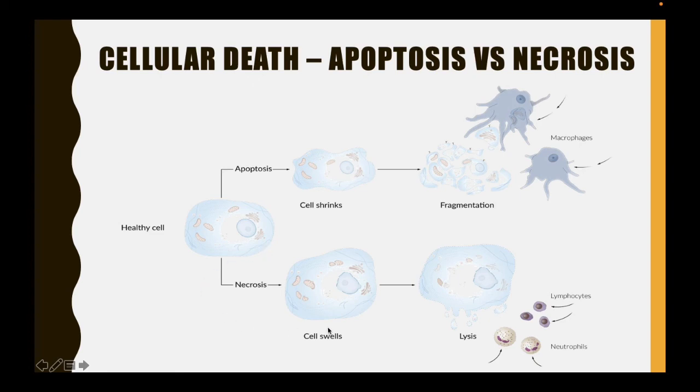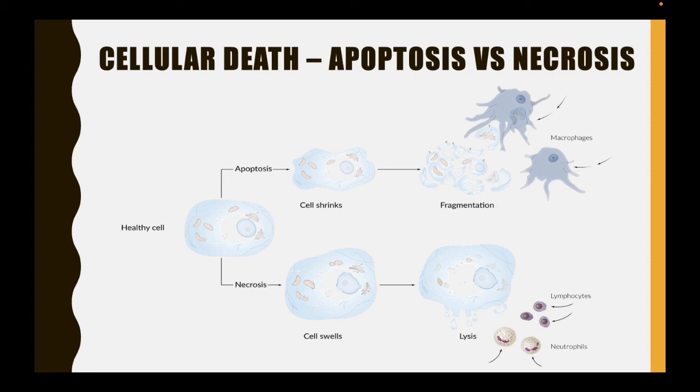So we will look at the mechanism now of how necrosis works. Necrosis is a non-physiological process, and here what happens is that we lose the integrity of the cell membrane because of exposure to an infection, a toxin, or an injury, and this results in increased cellular permeability. When you have increased cellular permeability, we have the swelling of the organelles, and this eventually results in the lysis and release of the intracellular contents into the extracellular space.